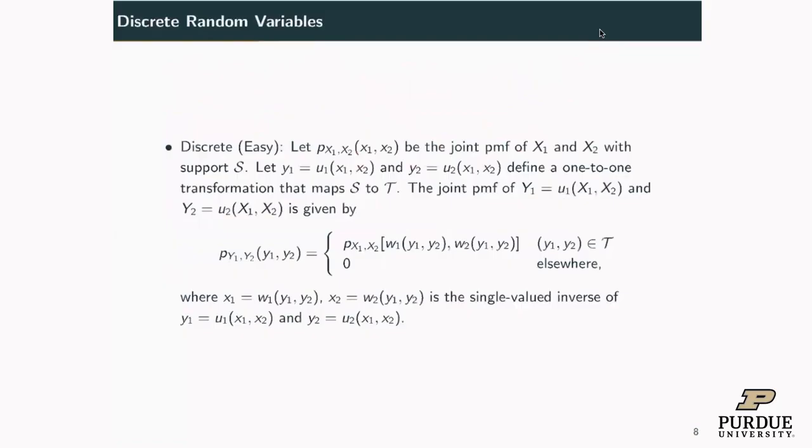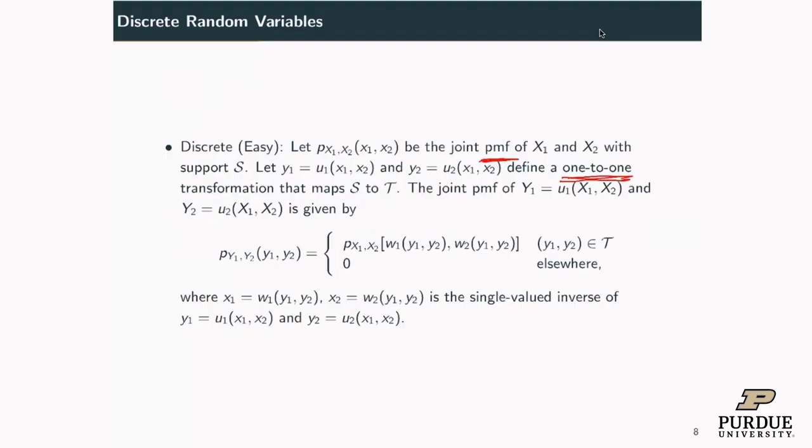For the discrete case, actually it's straightforward. That's very easy. For example, let P(x1, x2) be the joint PMF, discrete case. Now the transformation, we assume this transformation is 1 to 1. So 1 to 1 means you can get the inverse transformation.